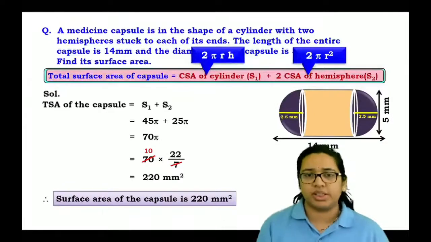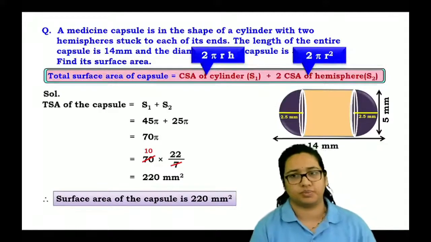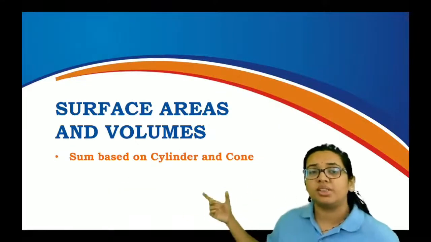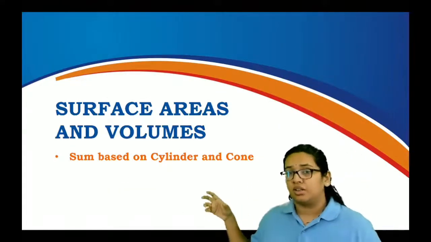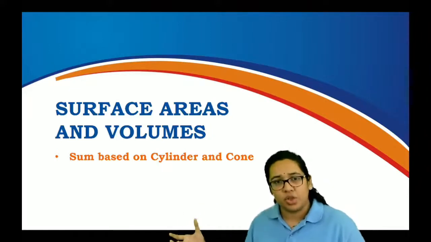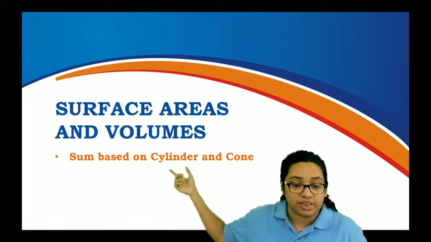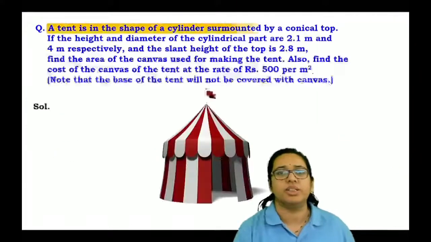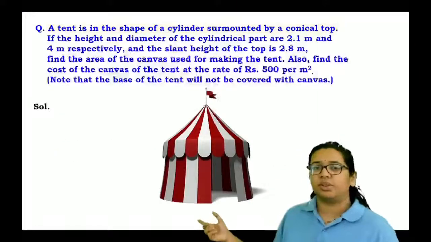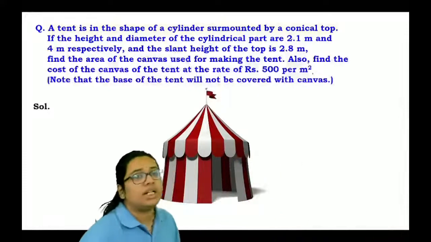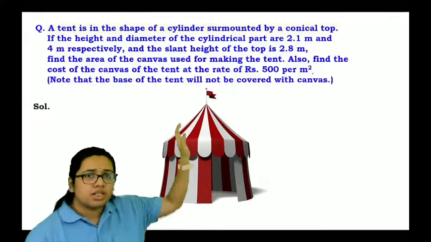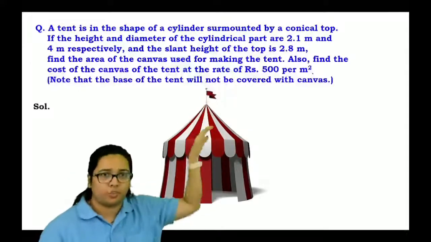Should we go for the next question then? Now we'll go for some questions based on a solid consisting of a cylinder and cone. See, again, one of the questions: A tank is in the shape of a cylinder surmounted by a conical top.